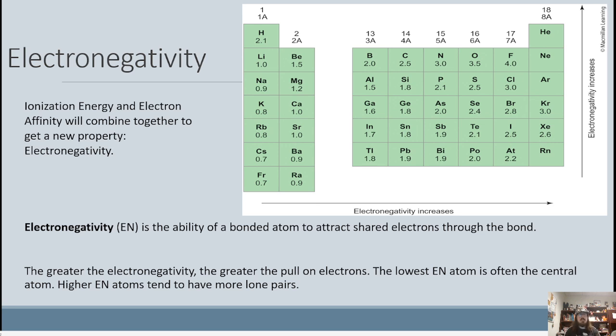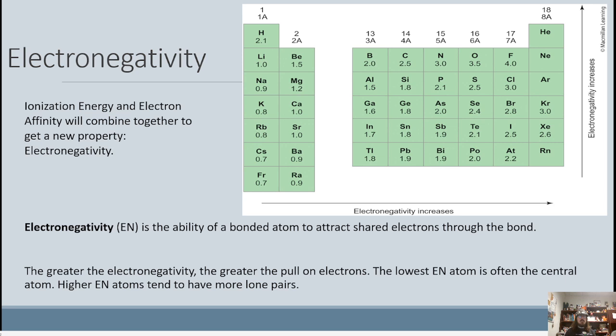Now, let's put these things together with electronegativity. In the previous chapters, we talked about ionization energy and electron affinity. Ionization energy is the energy required to remove electrons. Electron affinity is the ability to attract new electrons within a neutral atom. Well, electronegativity is a similar property, except instead of being within a pure atom, it's within a bond.